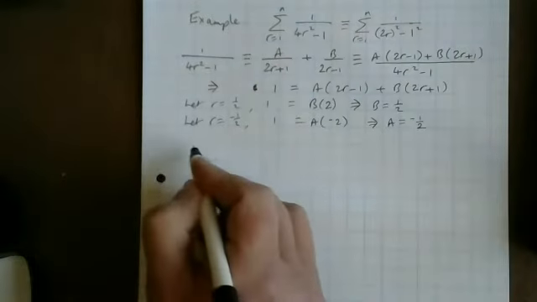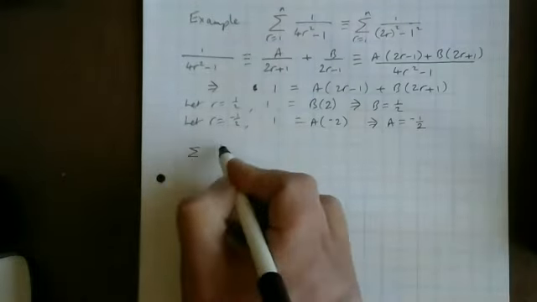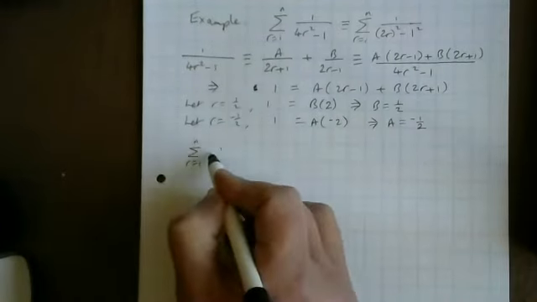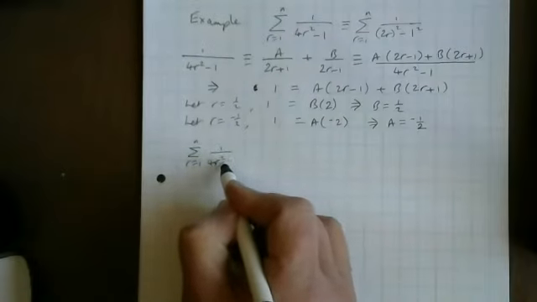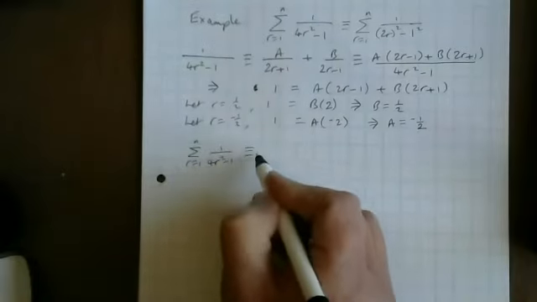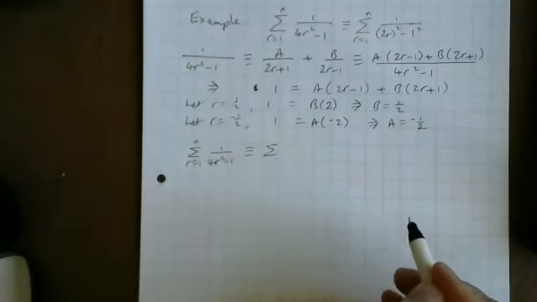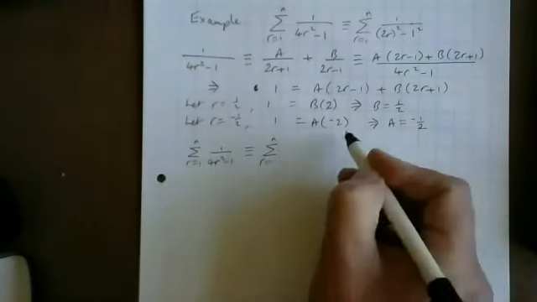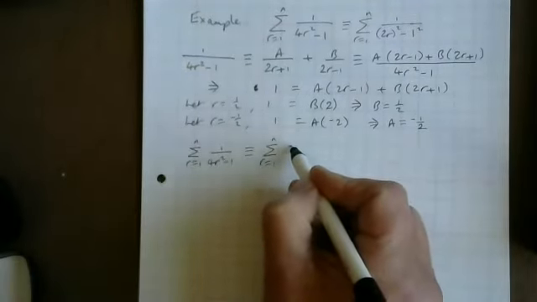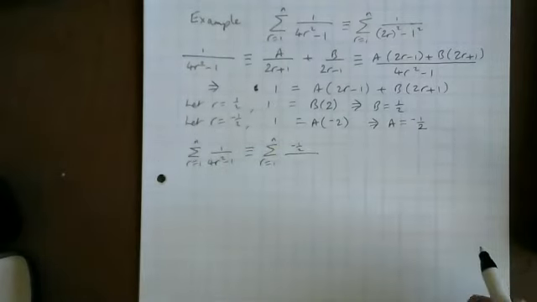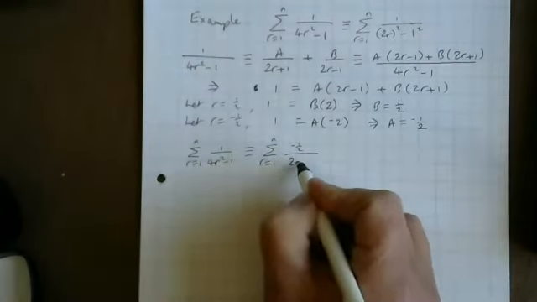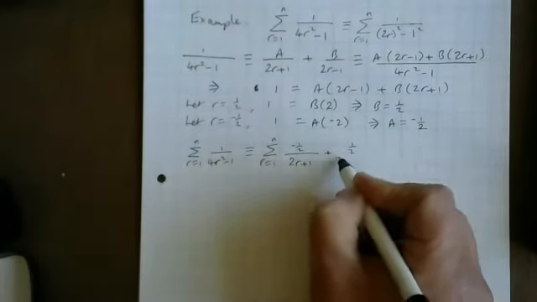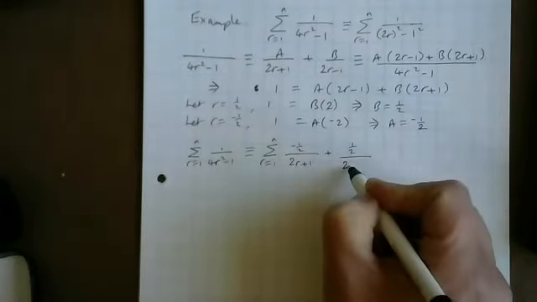So the sum from r equals 1 to n of 1 over 4r squared minus 1 is the same as the sum from r equals 1 to n of minus a half over 2r plus 1, plus a half over 2r minus 1.